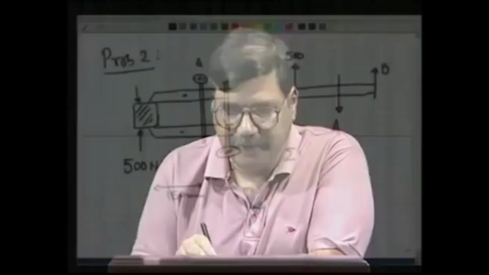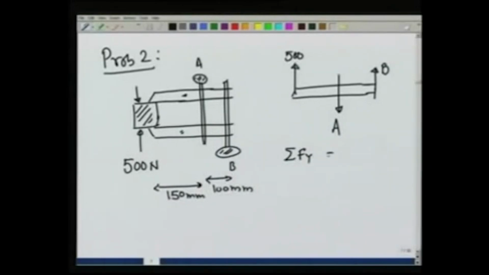Since this is essentially a one dimensional problem, I can straight away write F y is equal to 0, and that gives me 500 plus B is equal to A.